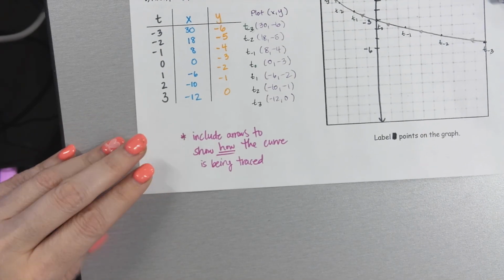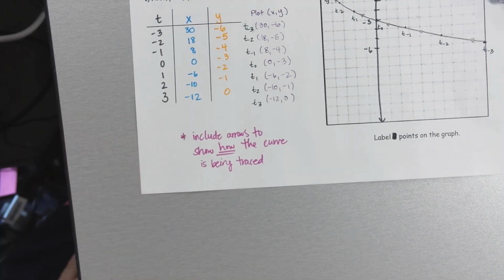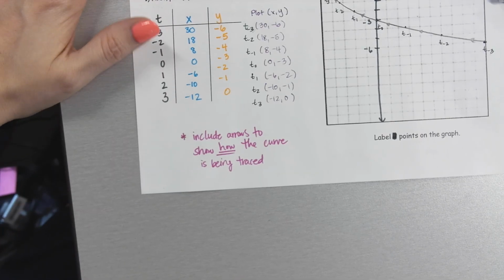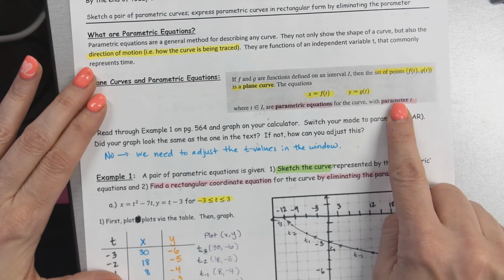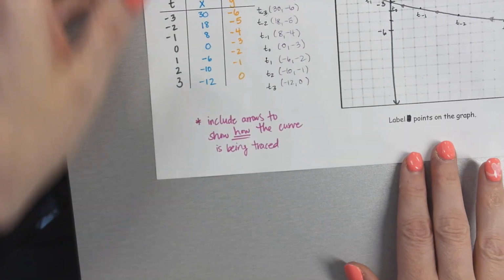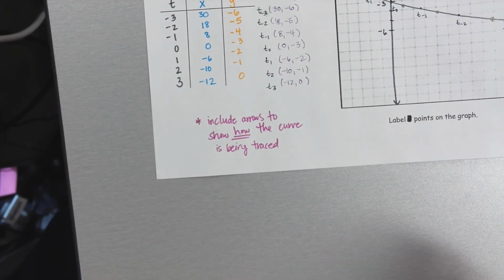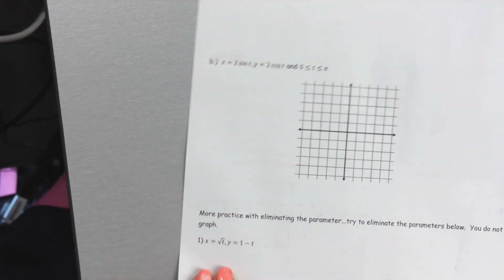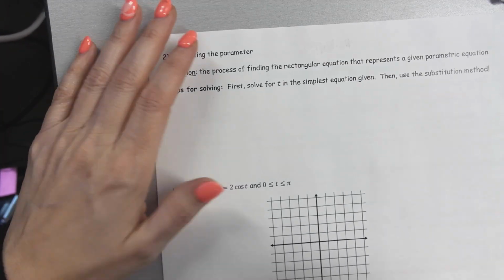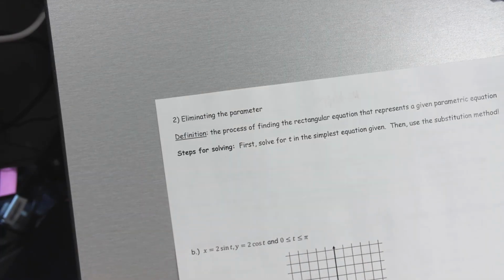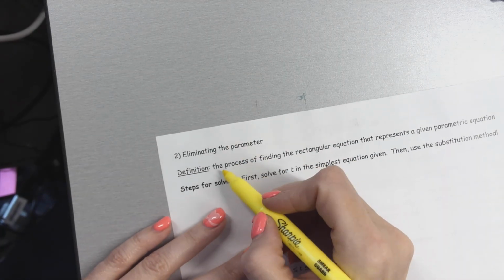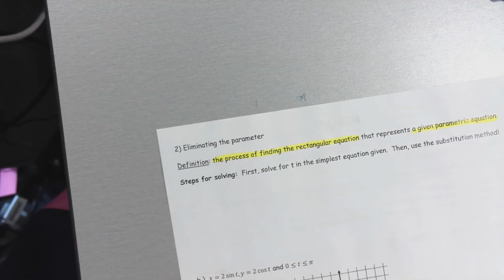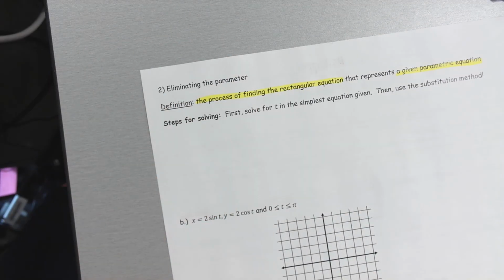Okay, so when you eliminate the parameter, remember we talked about already in our information box that the parameter is t. So when you're eliminating the parameter, you are eliminating t from the equation. Okay, so this is the process of finding your rectangular equation that represents the given parametric equation, but you are eliminating t.